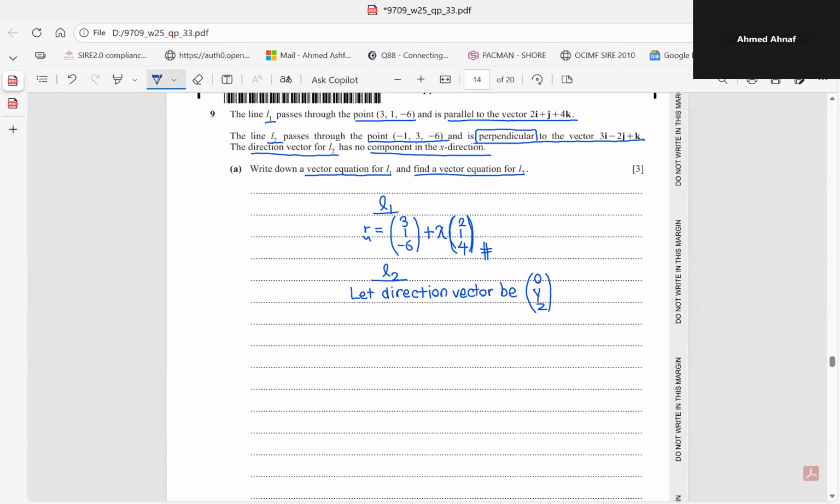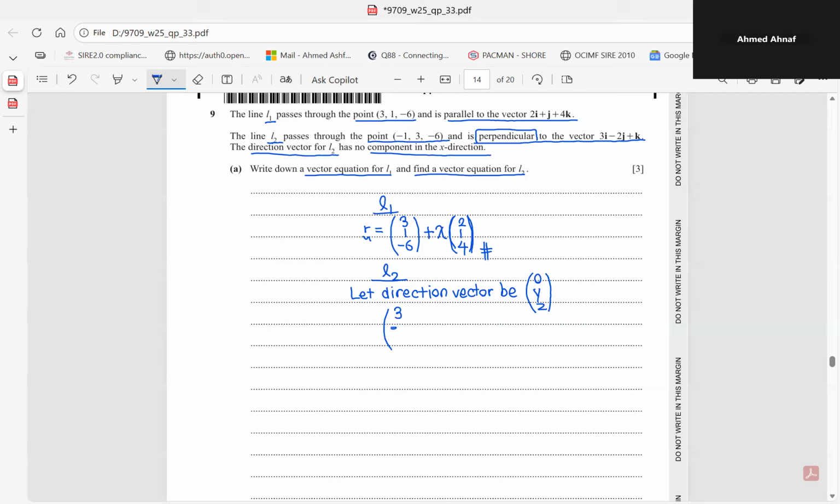And we can use our scalar product since they're perpendicular. We know that when two lines are perpendicular, the scalar product will always equal 0. If you want to know why, check the formula that they give in the formula list. So we'll multiply with this vector.